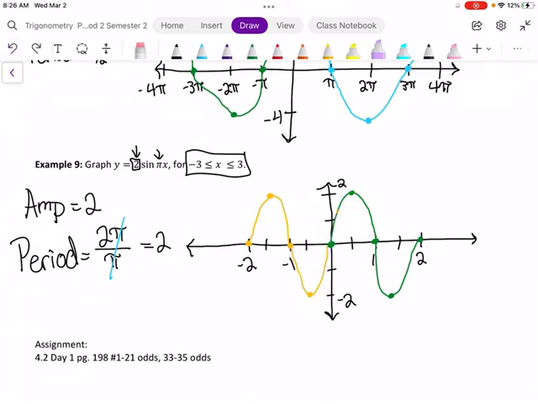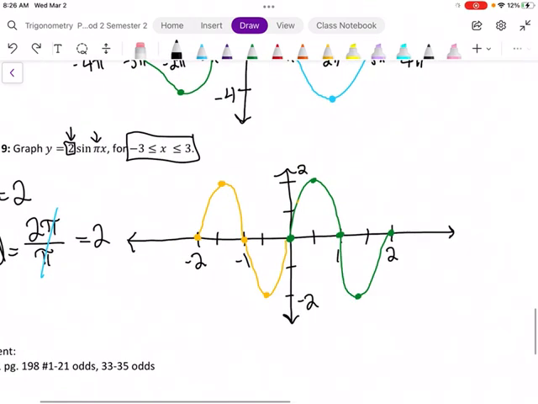So now that we have our full periods drawn here, we're going to extend our graph to the domain that they want. So we're just going to continue on this pattern of adding in our units, which are going up by 1/2, and we're just going to extend that graph. So the green part goes to our maximum, down to our minimum to 0. So the next step is to go up to our maximum and back down to 0.